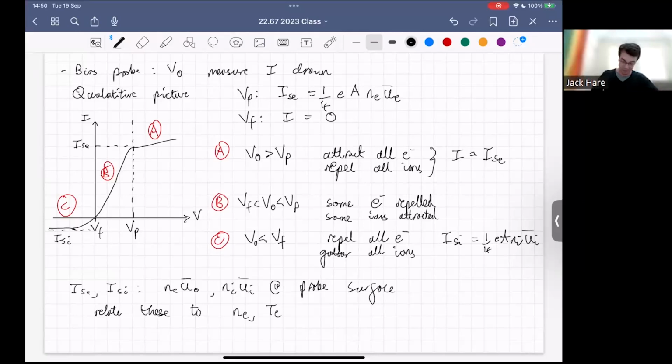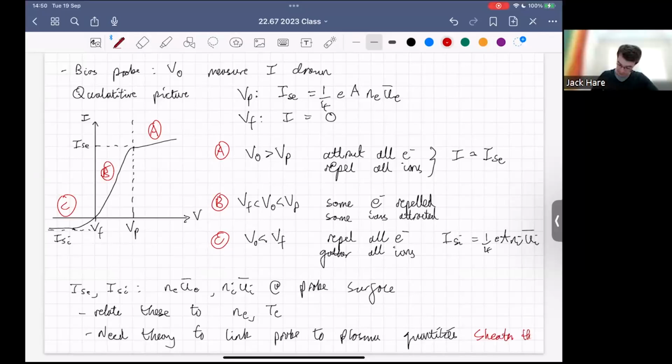We need a theory to link the probe quantities to the plasma quantities. And that theory is, unfortunately, sheath theory. So we're going to have a go at deriving quantitatively some of the quantities here that I've just sketched very qualitatively. Before we go on, please ask any questions.